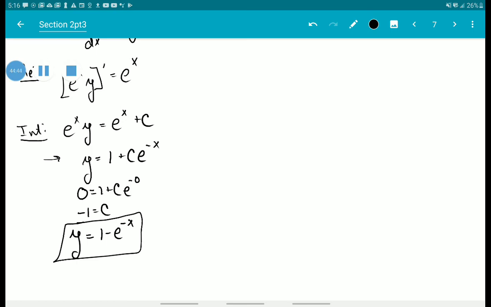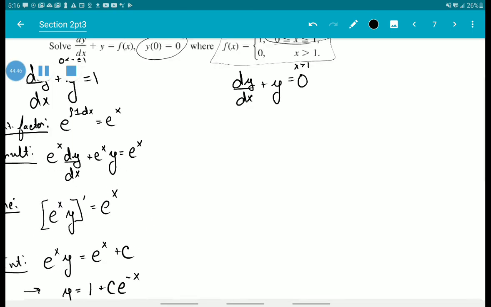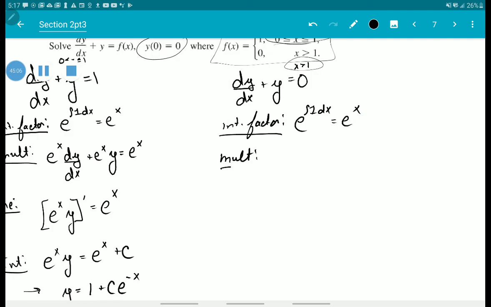So now let's integrate that other side. This is the piece for x is greater than 1. Same steps apply, integrating factor. Multiply through. 0 times e to the x is just 0.